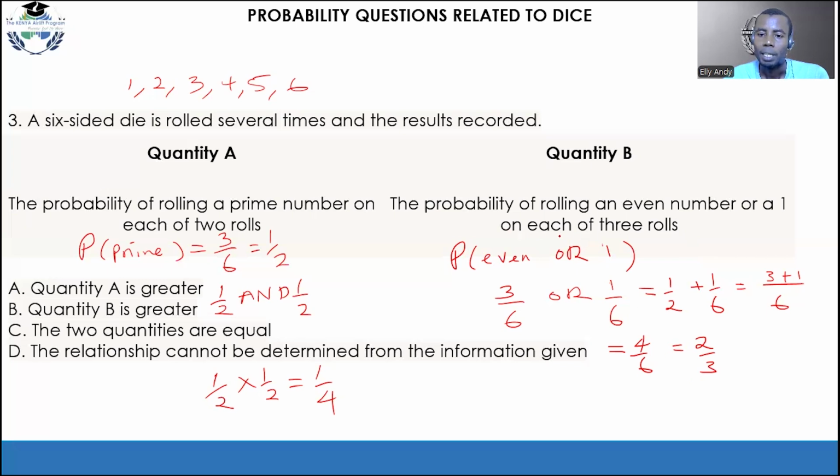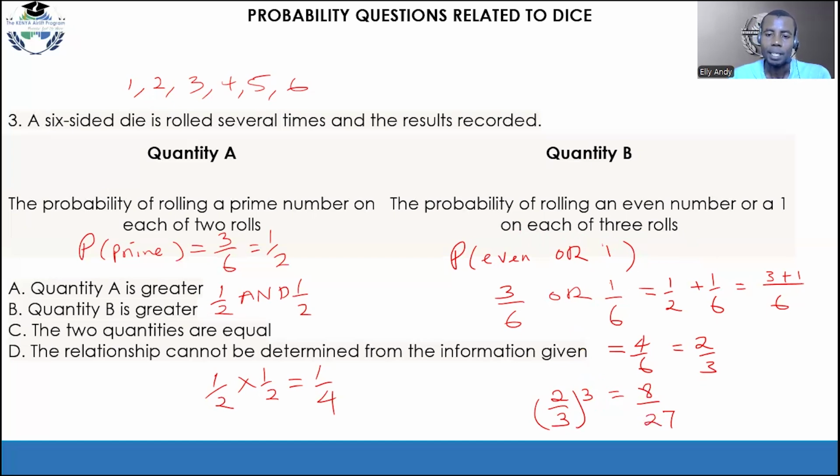But when you roll the die thrice, the probability of getting the same thing in all those rolls will be 2 over 3 to power 3, which is 8 over 27. So that is our quantity B.